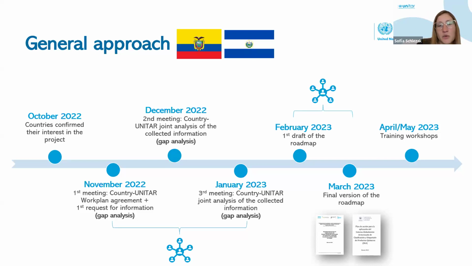We had clarification questions, and the same in the third meeting. And once we had all the necessary information to really understand the situation in the countries, we started drafting the roadmap. UNITAR provided the first draft, and then the countries went to the different ministries and provided additional comments. And so we reached a final version in March 2023.